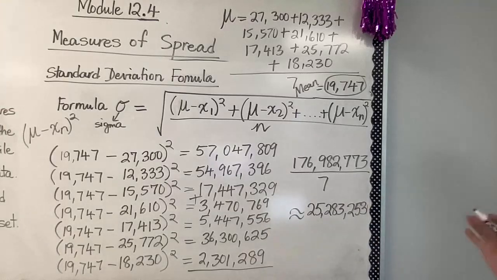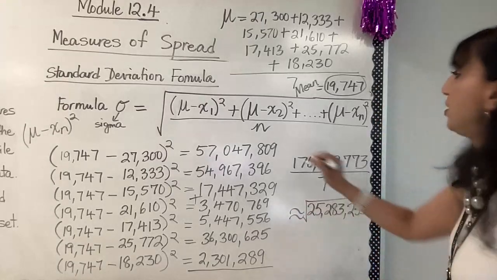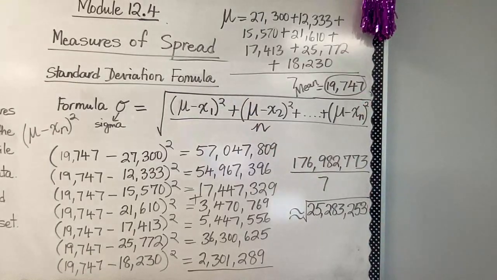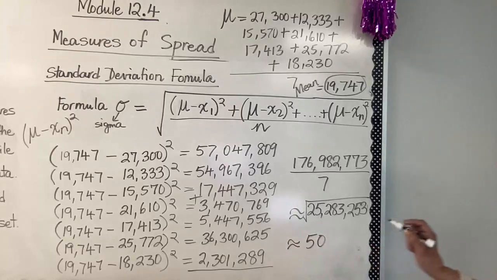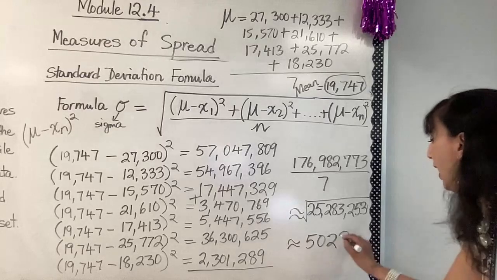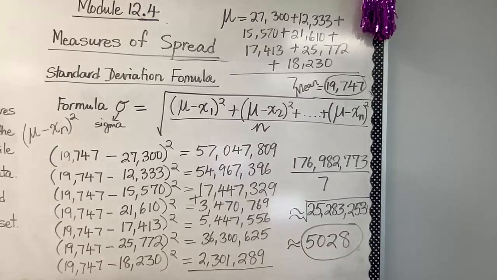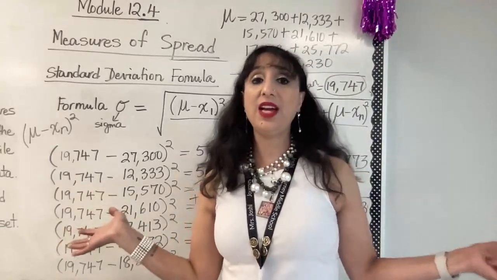And then the last thing, I need to do the square root of this. And I get approximately 5,028. So here is my standard deviation. That's how we calculate standard deviation.